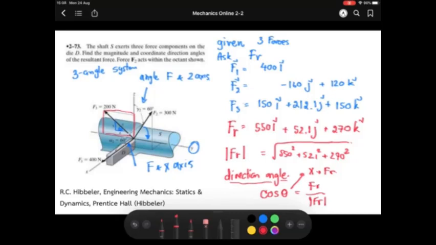So you can find out all of the answers. And this is a trick question for three-dimensional vectors.